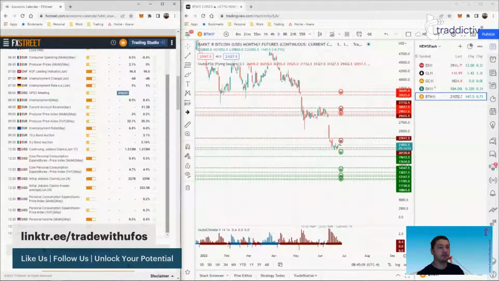Interestingly enough, GDP is shown as orange in Canada, but that's an important one as well. And also, these have gotten a little bit less impactful now, but there is still news to be aware of, which is the initial jobless claims on Friday for the U.S.